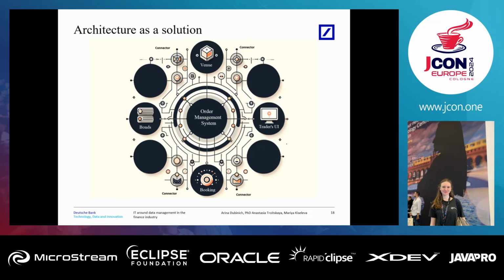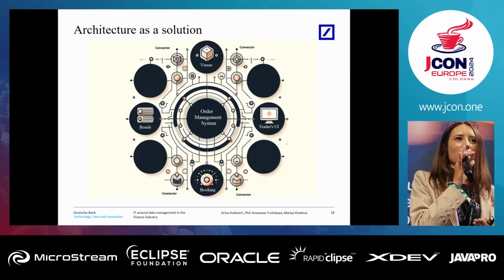How to solve all these questions? On the code-base level, the answer is architecture. Having a single order management system with a single definition of incoming inquiry, we can easily onboard new venues, as Anastasia mentioned before, and new products.